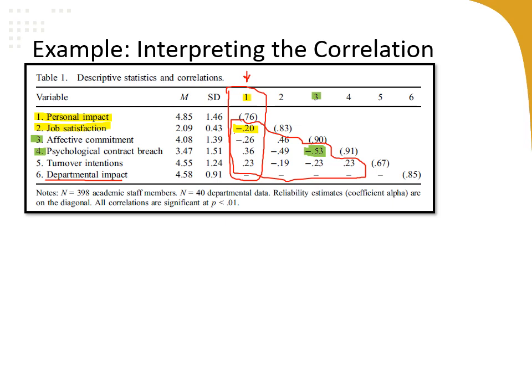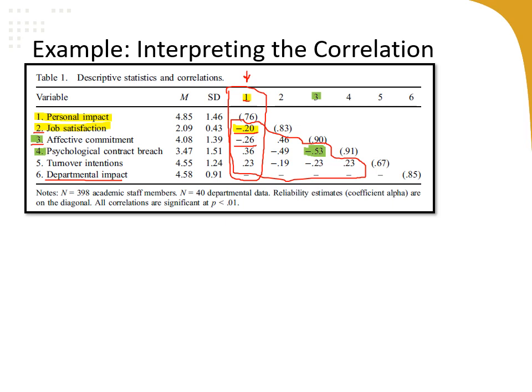So if we look at this first one, we can see that there's a negative correlation between personal impact, number 1, and job satisfaction, meaning that those who have more of a personal impact of budget cuts tend to have less job satisfaction. If we go down here, now we're looking at affective commitment and personal impact. Those with a higher personal impact of budget cuts tend to have less affective commitment, right?